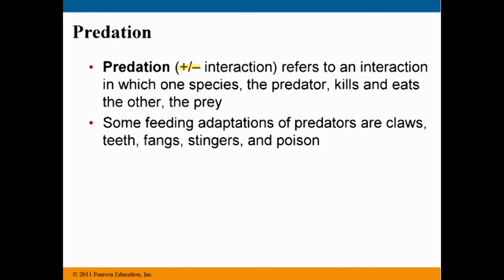Along with predation, we're going to see some adaptations that have come along for both predator and prey. Here we've got some feeding adaptations of predators that help to make them a better predator. These can be things such as claws, teeth, fangs, stingers, even the presence of chemical poisons that help to immobilize the prey to make them easier to catch.